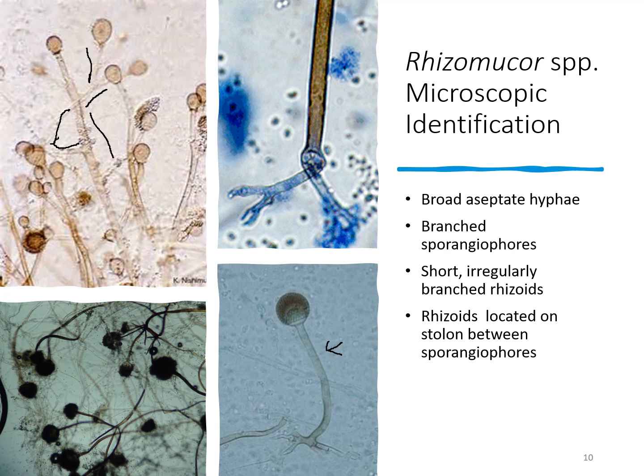The rhizoids are offset from the sporangiophores, so you can see this root here is not directly under where the sporangiophore rises, so it's offset to the side a little bit. Sometimes you'll see them in between other sporangiophores that would come up.